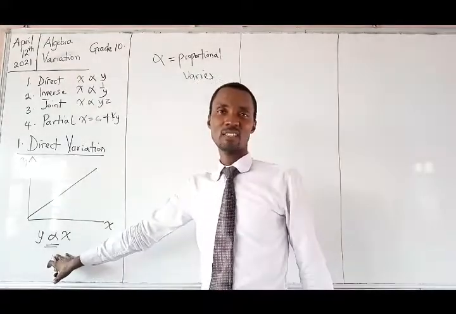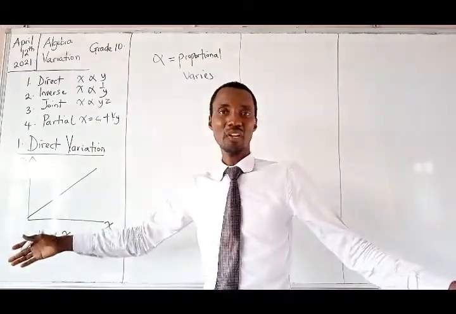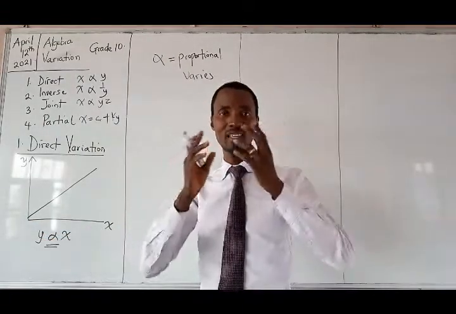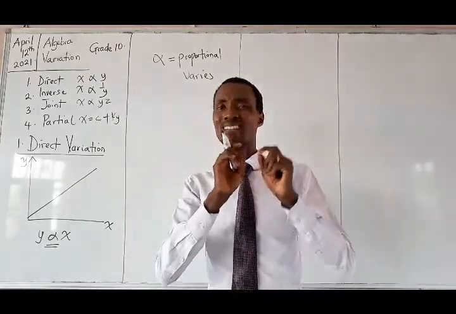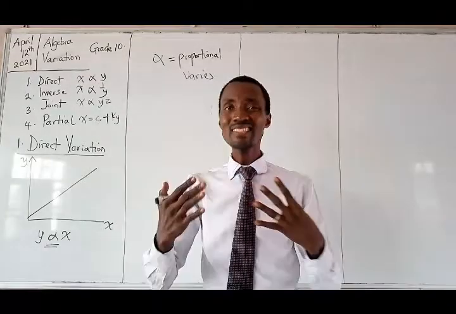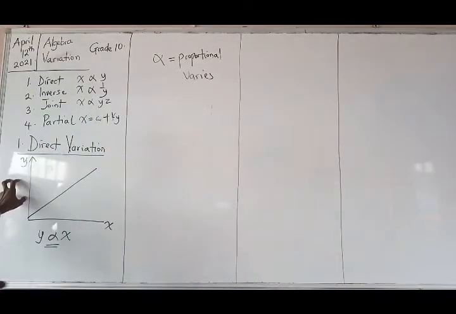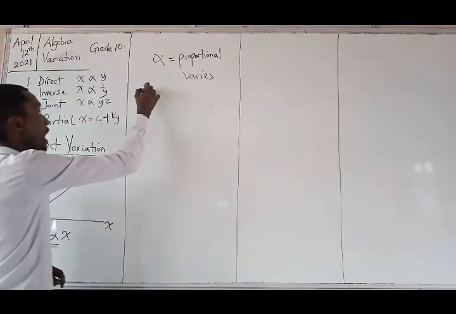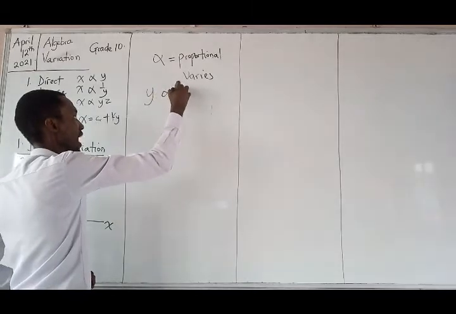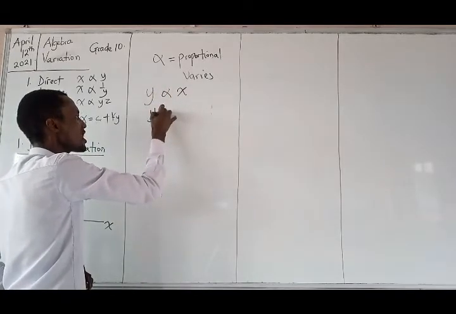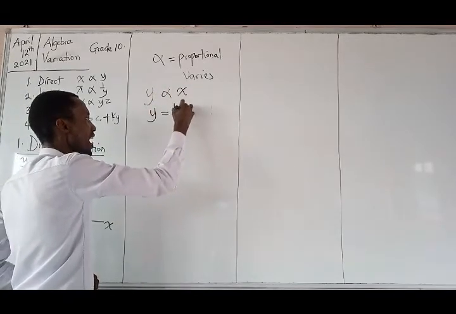But that's not where the story ends. This is not very mathematical for us because it's just a relationship. So how do we write it as a formula or as an equation so that we can relate the variables? Using this diagram as a case study, y varies as x will be y equals kx.